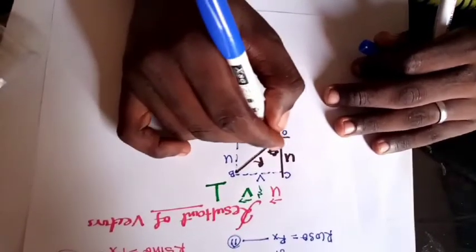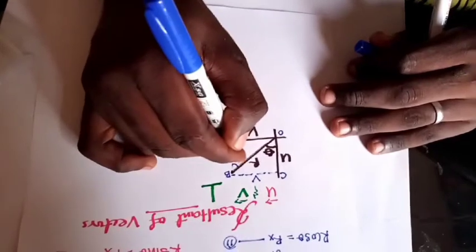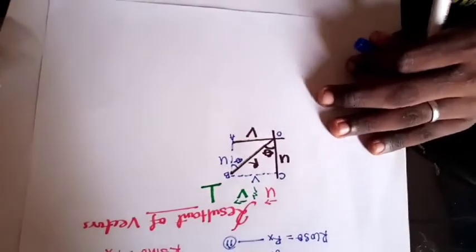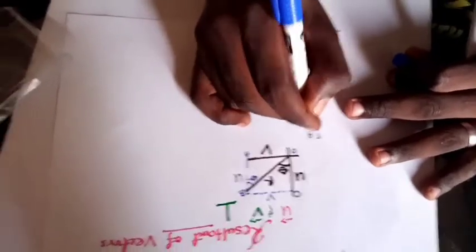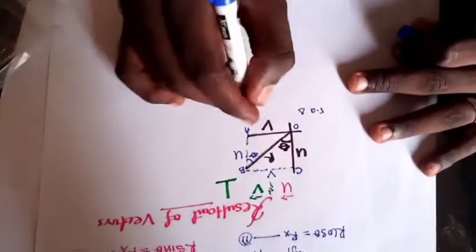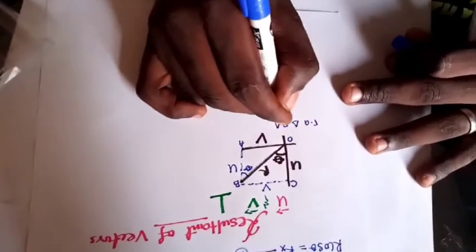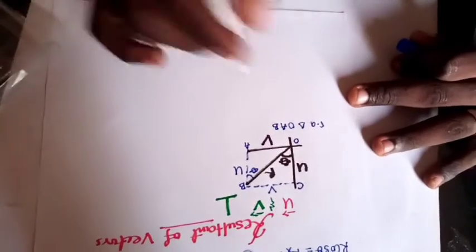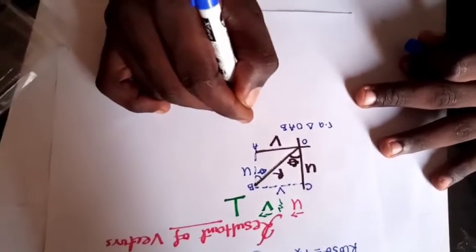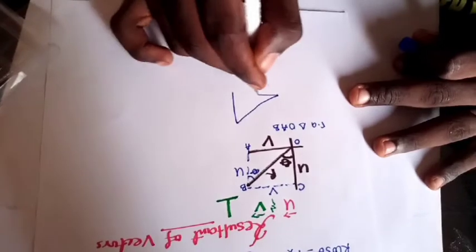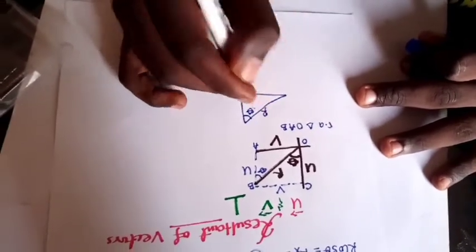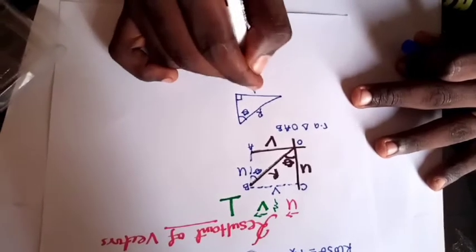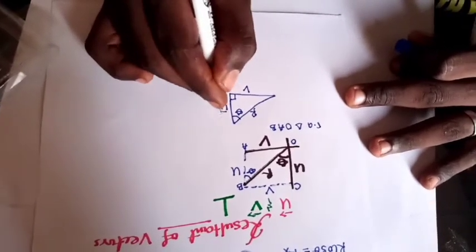This particular angle here is alternate to the one here. Now let us consider right angle triangle OAB. So I have this. This is angle theta, and this is the resultant. Here is angle 90, here is v, and here is vector u.